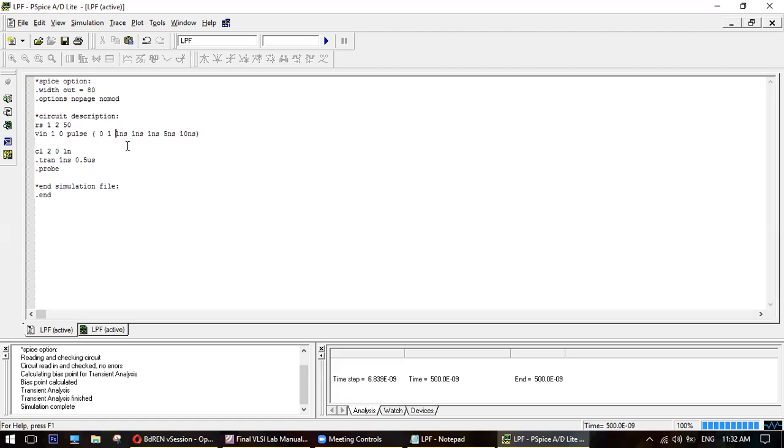And let's make it 0.1 because 10 nano and 1 nano is close. Okay, 0.1. And this is how much we want to see. Let's say we want to see 50 nanosecond with an increment of 0.1 nanosecond. Okay, let's try.